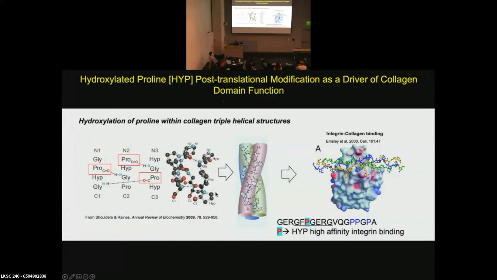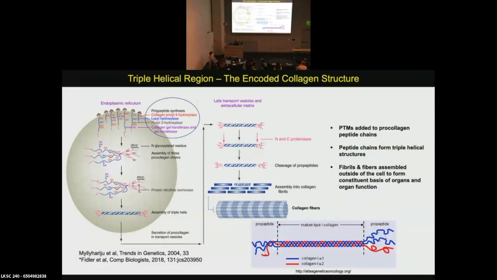Here I'll show a part of the protein that will be seen later where hydroxylated proline has high affinity binding. These structures are actually prepared in the cell and secreted outside of the cell as this triple helical structure.